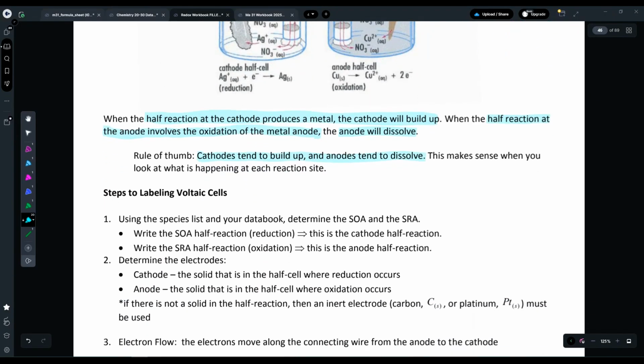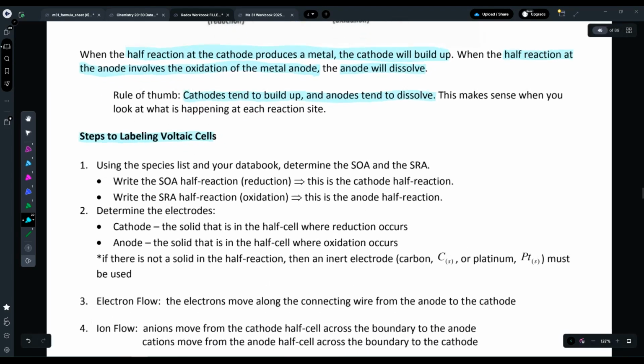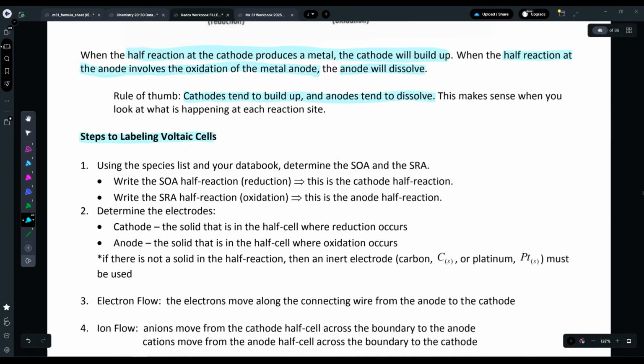Okay, so let's move into the steps to labeling a voltaic cell. First things first, you need to write out a species list. Then you're going to use your data booklet to determine the SOA and SRA.